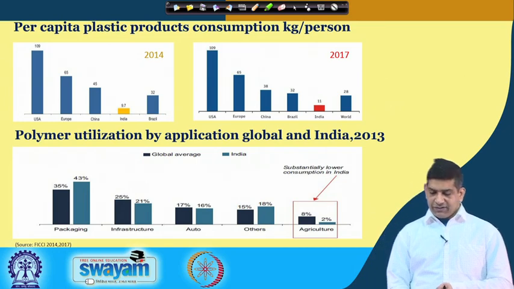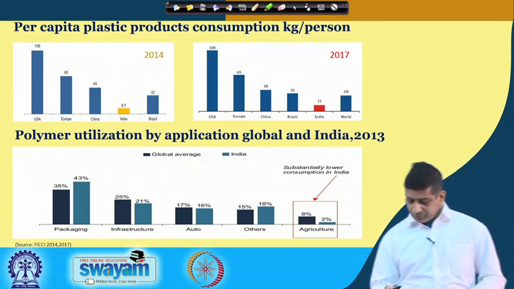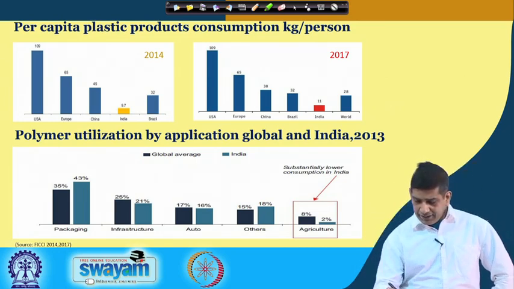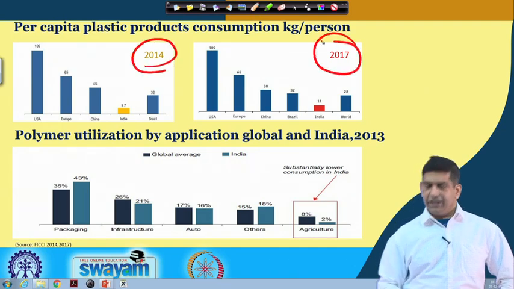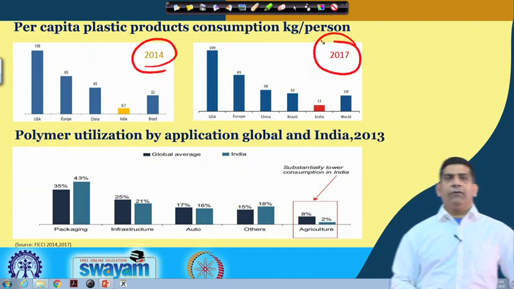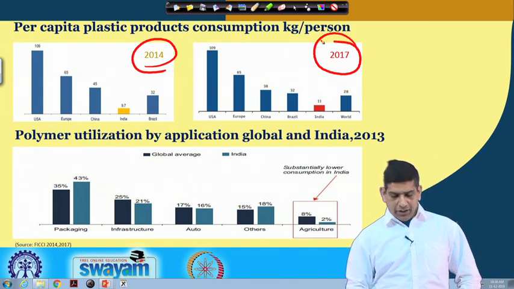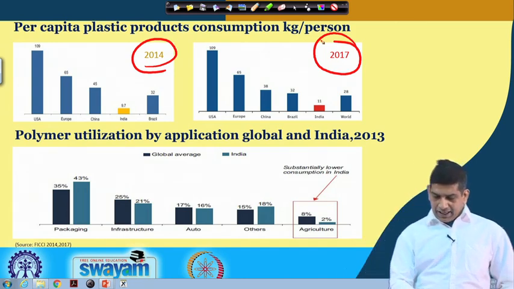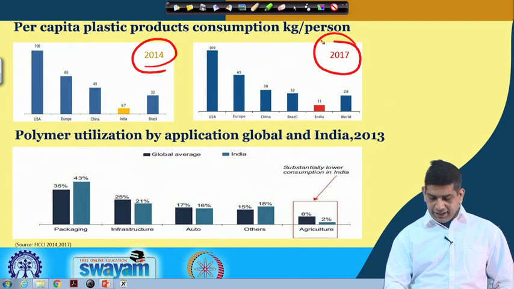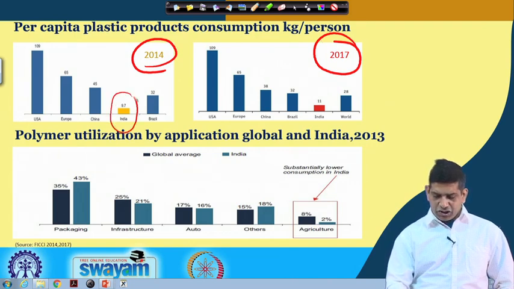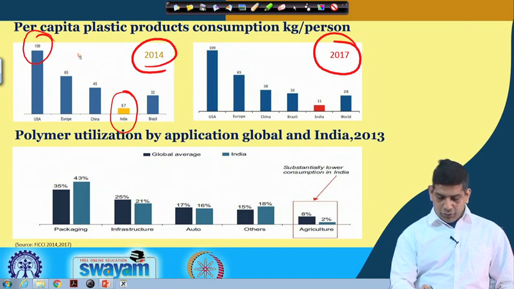Here, as you can see, we have data for 2014 as well as for 2017, so four years ago and last year. If you look at the numbers, this is a relative figure. As you can see, in the Indian context we are at a much smaller quantity as compared to the US or Europe.